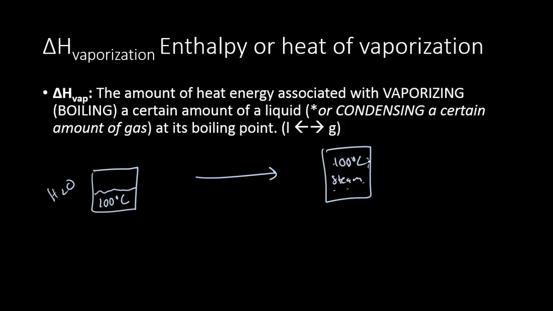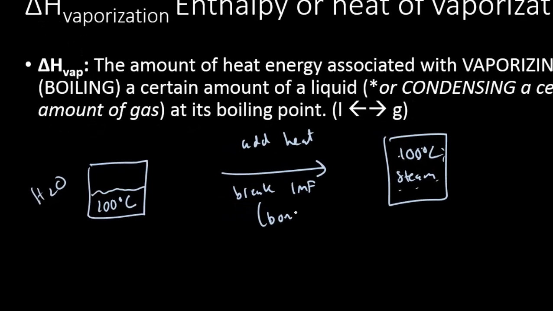All those molecules of water that are connected to each other with hydrogen bonds, we're going to need some heat energy to break apart those intermolecular forces. So as we add this heat of vaporization, we're going to break intermolecular forces, or those bonds, hydrogen bonds in this case.